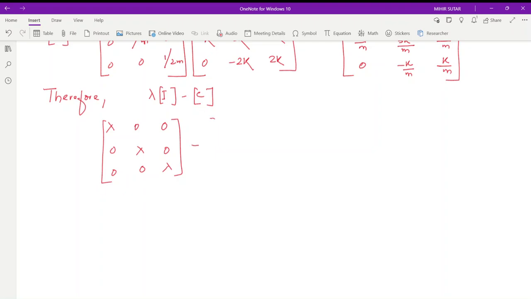Then minus the matrix 2k by m, minus k by m, 0, minus k by m, 3k by m, minus k by m, then 0, minus k by m and k by m, and this is equal to 0.